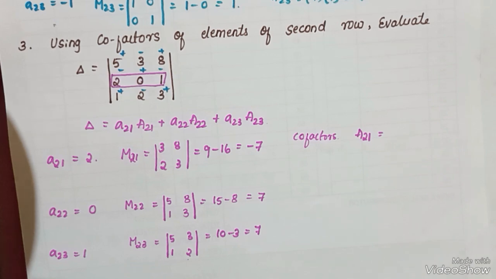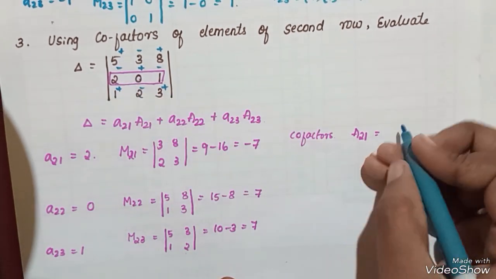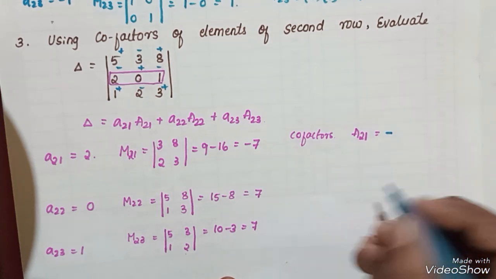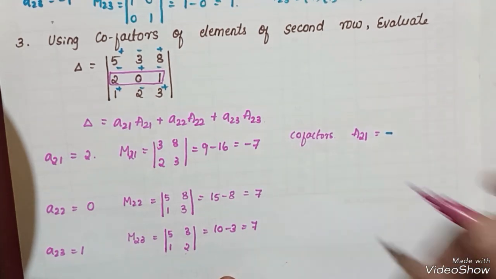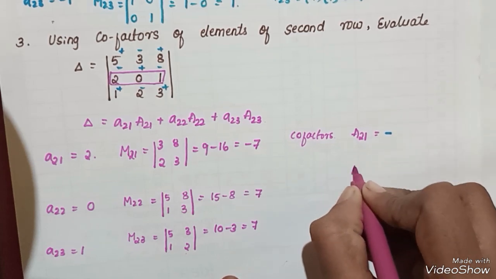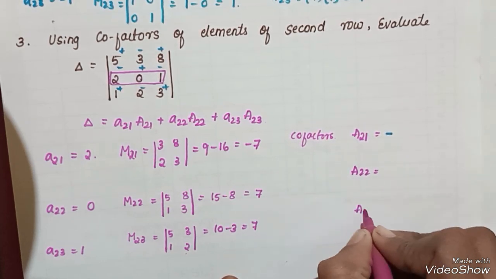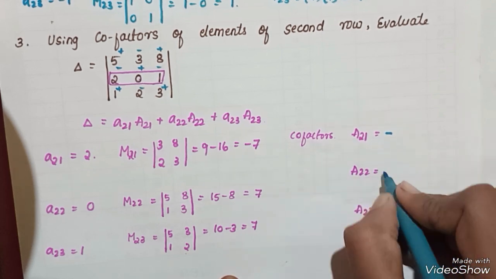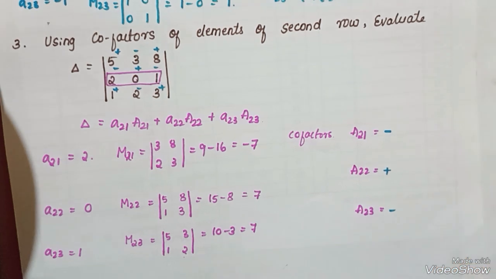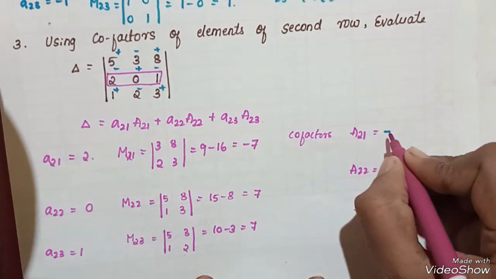For this, the element 2 carries a negative sign. Then the cofactor of A22, then the cofactor of A23. It carries a negative sign, positive and negative. So we have to multiply the elements by these signs.